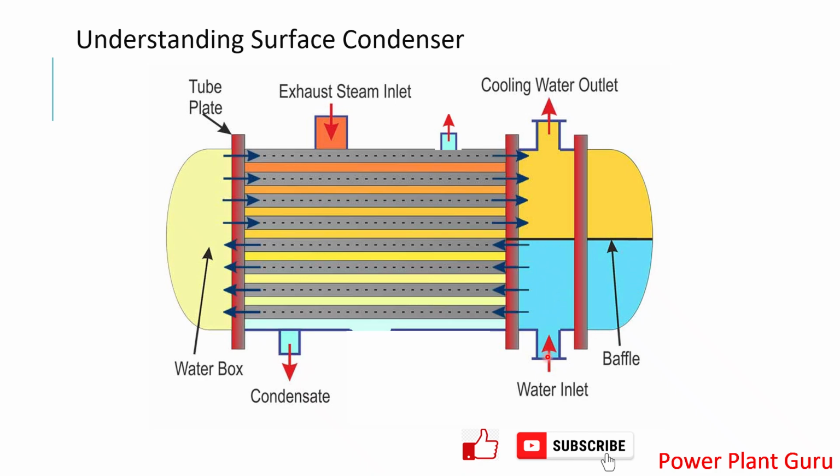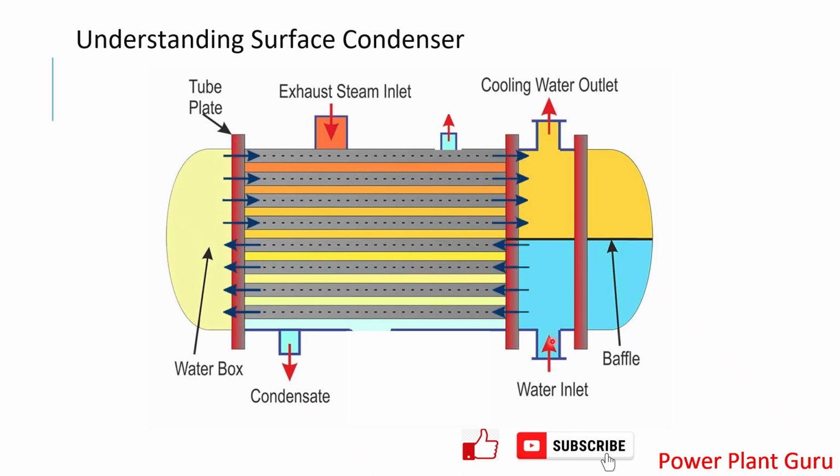Whatever your cooling water pump discharge pressure is, and the piping losses and all that, there will be a certain pressure at the condenser inlet, and that pressure will be filled up here. And here you have your tube sheet where your tubes are fixed. That is one part, and here is the other end.